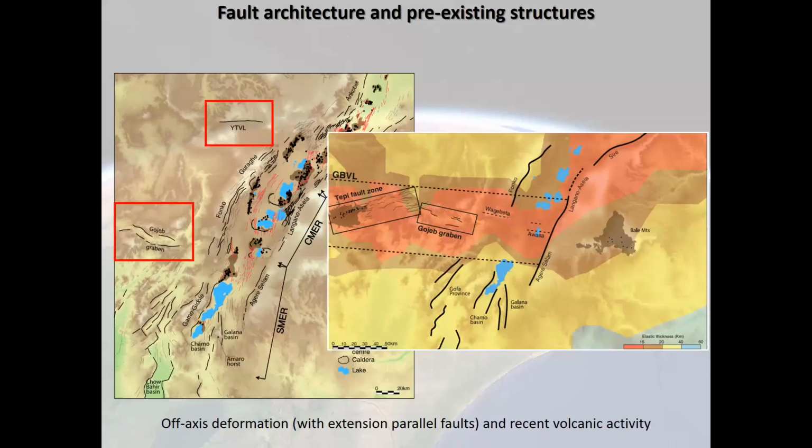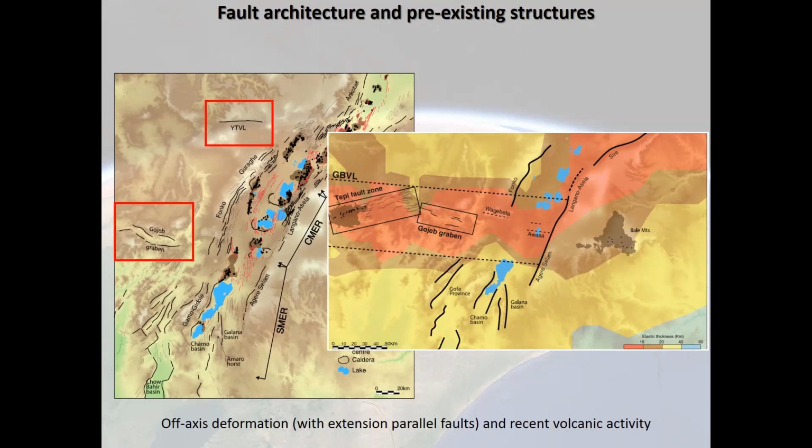And we have many other examples of control of pre-existing structures on some of the features of the volcanotectonic activity of rifting. For instance, we have the formation, well away from the rift axis in the plateaus surrounding the rift, of the so-called off-axis deformation or off-axis volcanism with, for instance, extension-parallel faults, which are very atypical if considered in a homogeneous lithosphere.